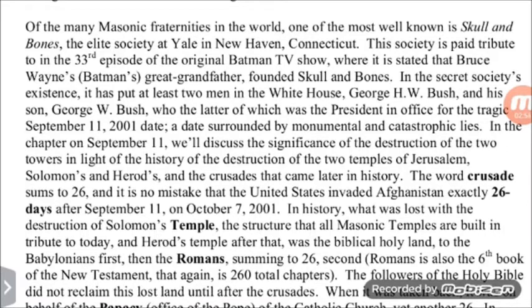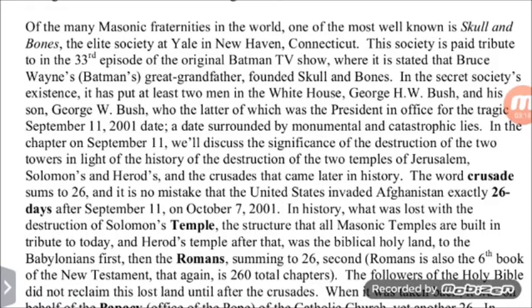In the secret society's existence, it has put at least 2 men in the White House, George H.W. Bush and his son, George W. Bush, the latter of which was the president in office for the tragic September 11, 2001 date, a date surrounded by monumental and catastrophic lies.